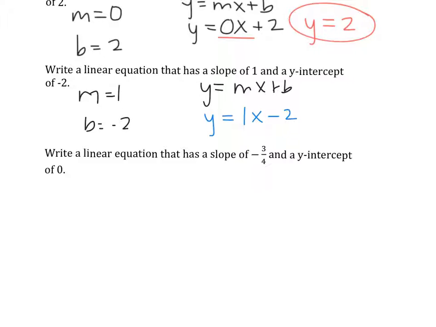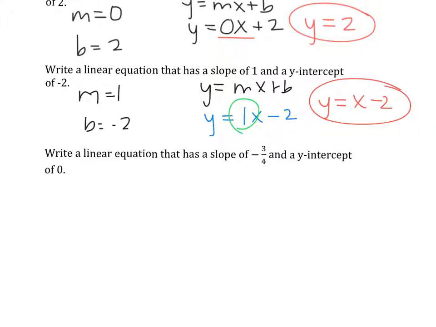But do I really have to write the 1x? Do I need to put a 1 in front of x? I don't, and in fact, it's better to not write that in front because typically, you won't ever see that. We know if we just see a single x that has really a coefficient of 1 in front. So we could just write y equals x minus 2.